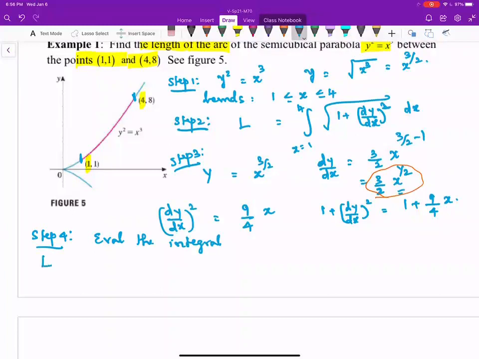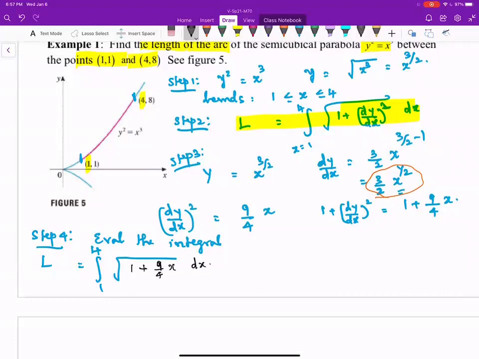So L equals the integral from 1 through 4 of the square root of, this is the step I'm looking at, I'm going to substitute 1 plus (dy/dx) squared, which is 1 plus 9 over 4 x, dx.